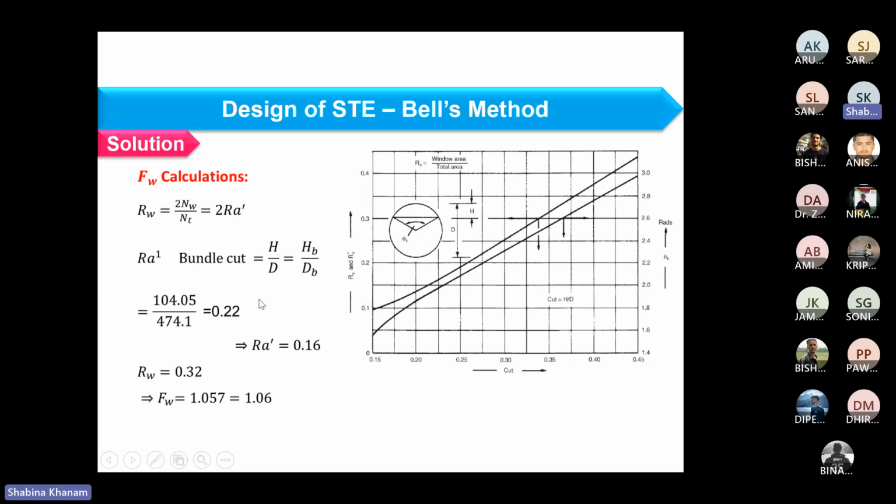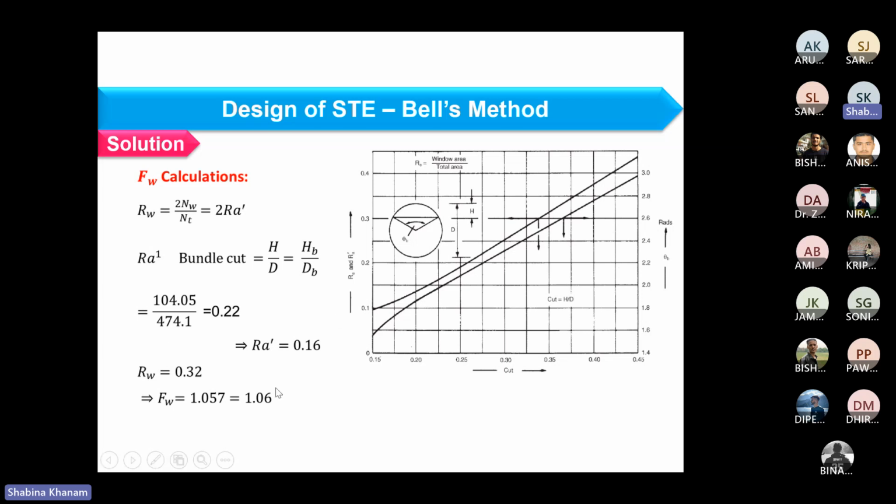However, if you consider baffle cut, on which this RA depends, which we will use further, that baffle cut is 0.25, 25%, right? So baffle cut is 0.25, bundle cut is coming as 0.22. Okay, so once I have this bundle cut, we can see RA prime from this graph, and you can see that very well.